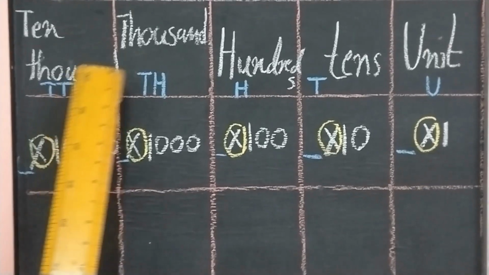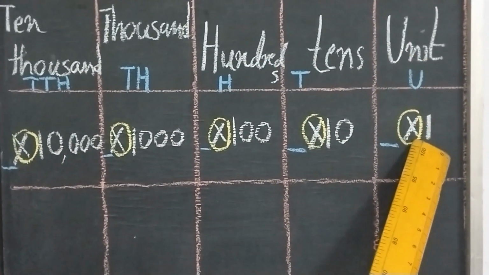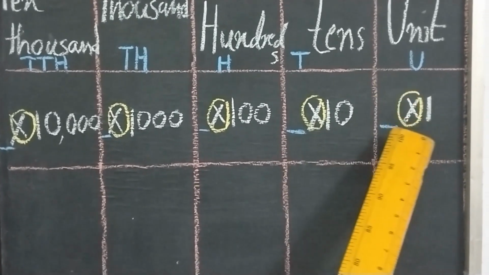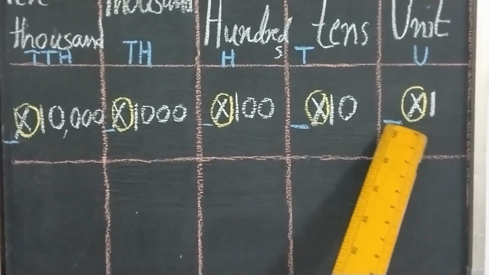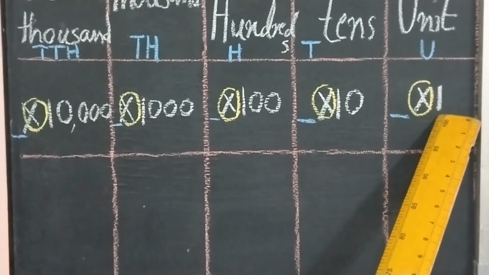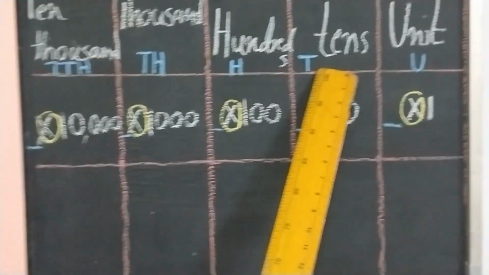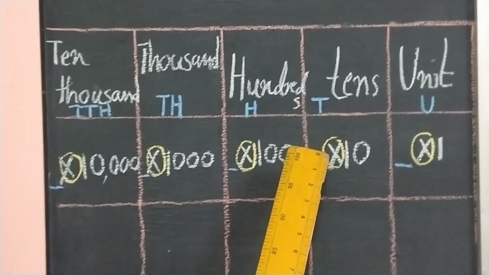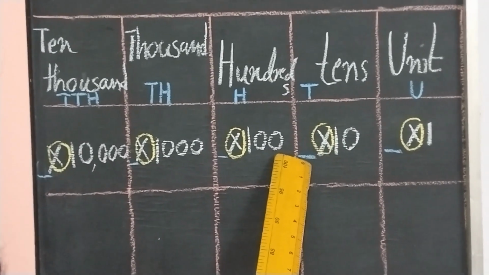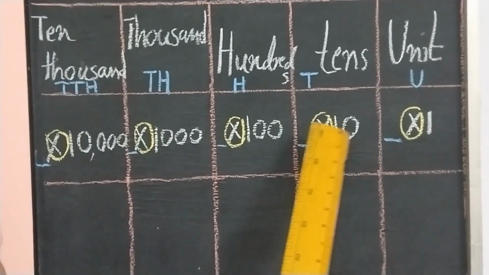Now we know that unit means single. So whichever number comes under unit, that number has to be written here multiplied by single means 1. Then we come in tens. Here the number which falls under this tens multiplied by 10.